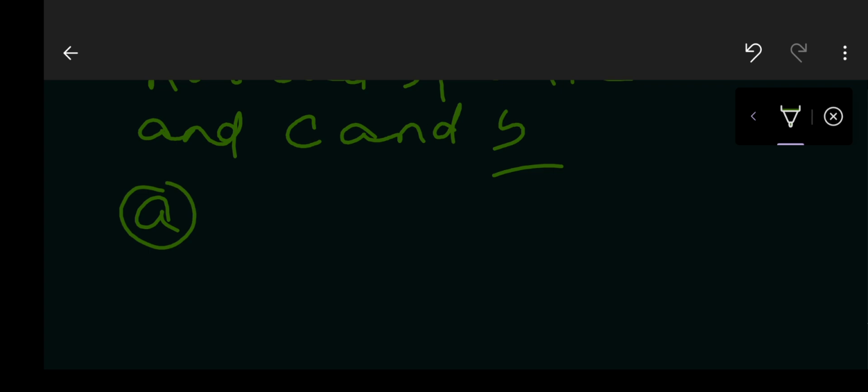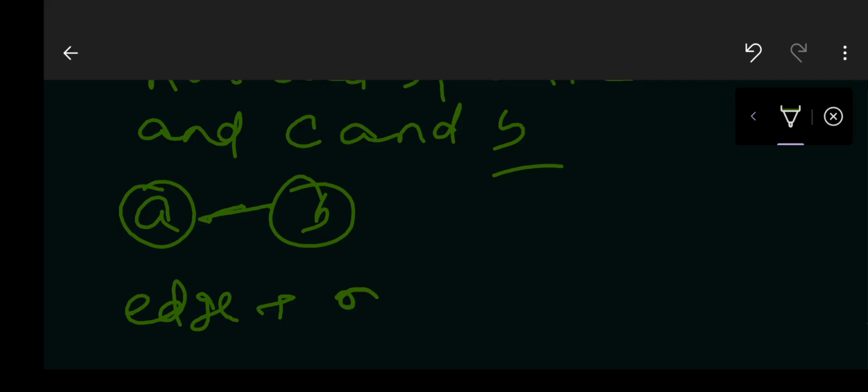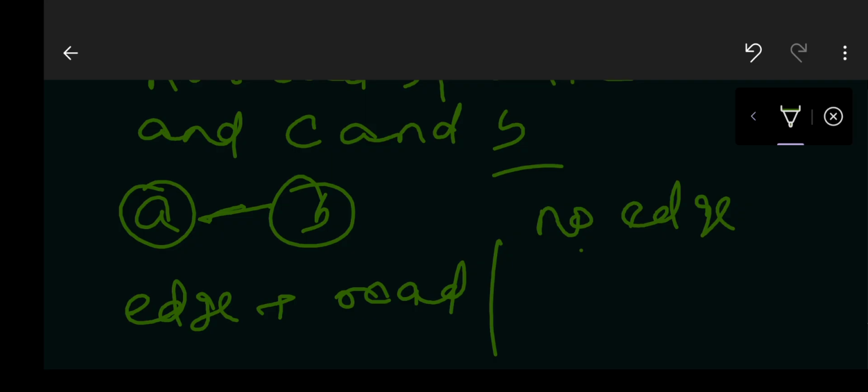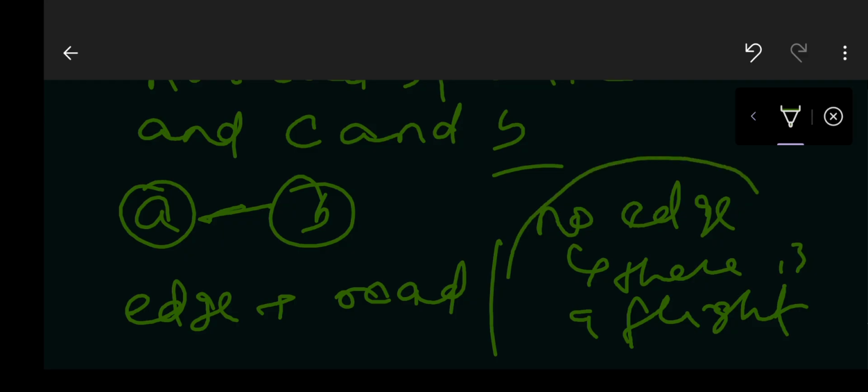Again, please understand, A to B, there is an edge. When there is an edge, there is a road, right? And when there is no edge, there is a flight. So this is also a relation. If there is no edge, then there will be a flight. So this is also a relation.